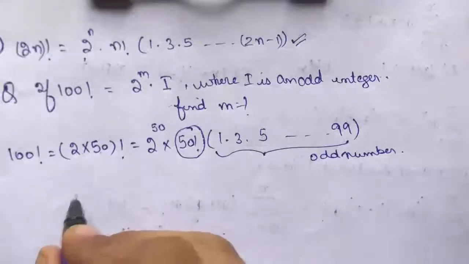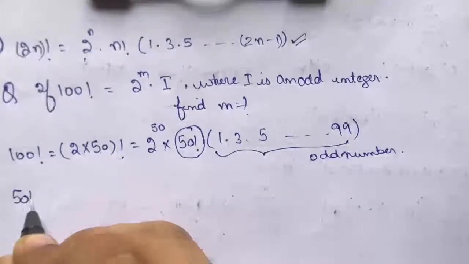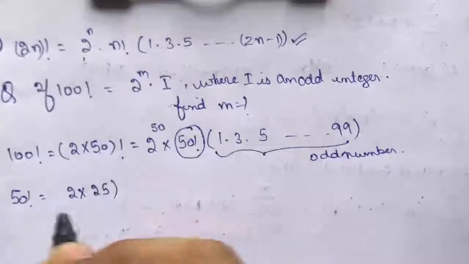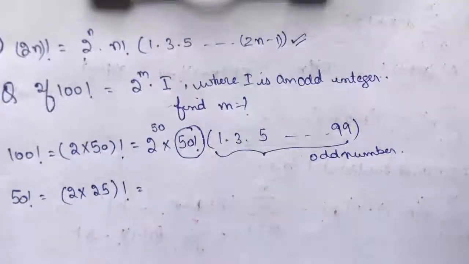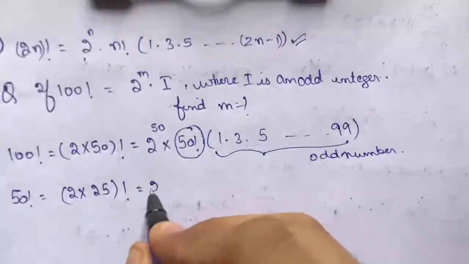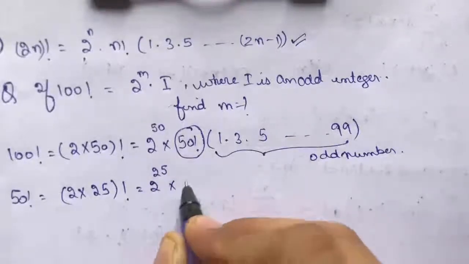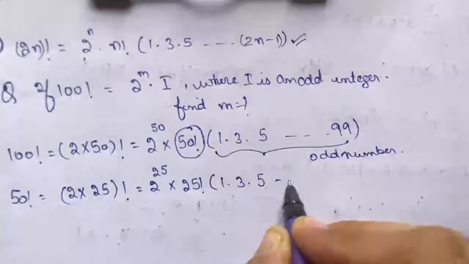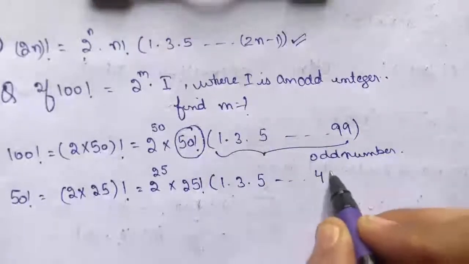So we'll expand this 50 factorial as 2 into 25 factorial. By the same concept, this will be equal to 2 raised to the power 25 into 25 factorial into 1, 3, 5 till 49.